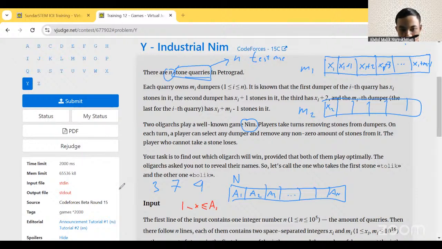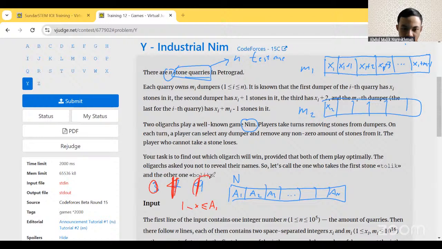For example, the first player removes all of this. Then the second player will take 3 from this. After that, the first player takes 3 from this, for example, and then the second player also takes 3.